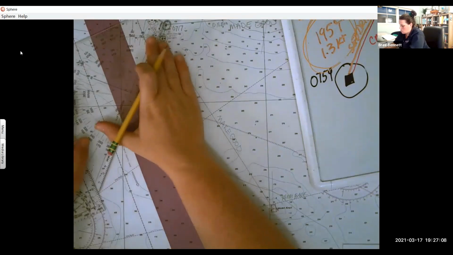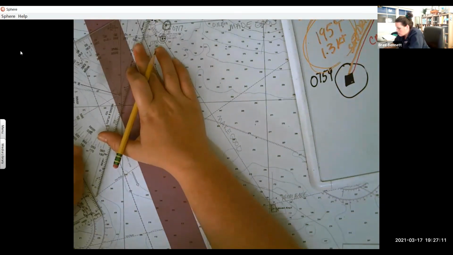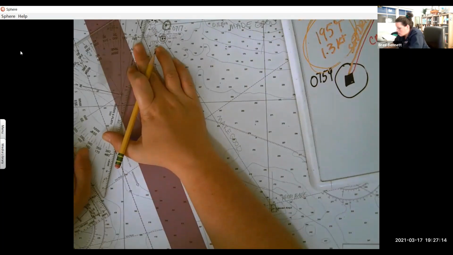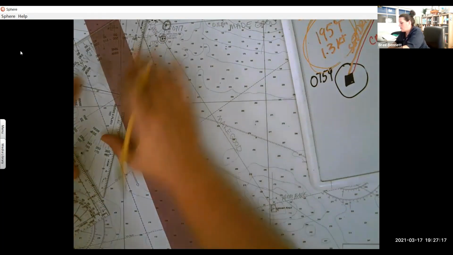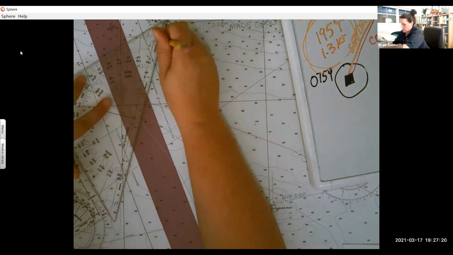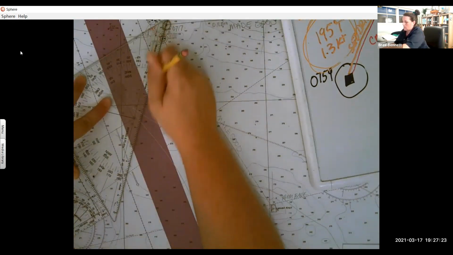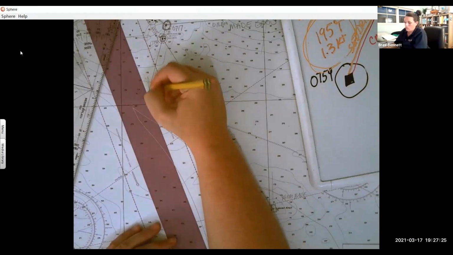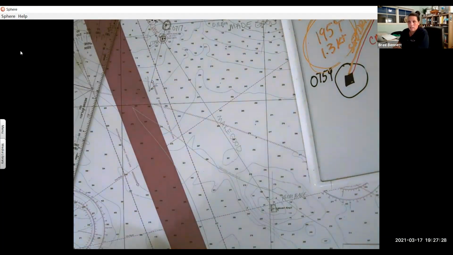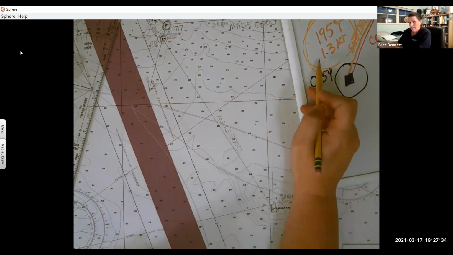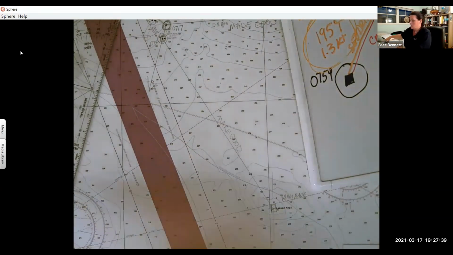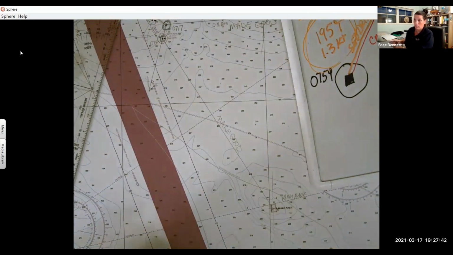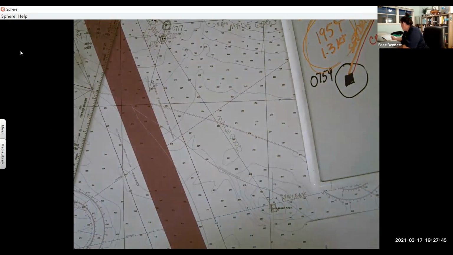But I want to make sure it's 195, from Eureka. I'm just going to draw that this is where the current is pushing me. And I know I have a specific end to that current line as 1.3. So in an hour, it's going to push me 1.3 knots. So I'm going to find 1.3.